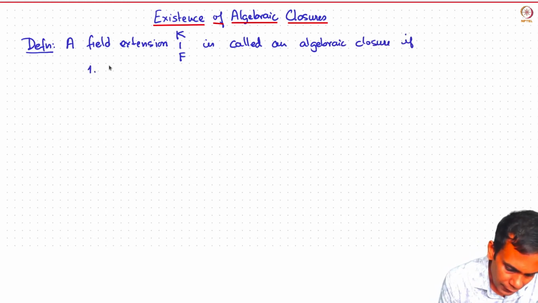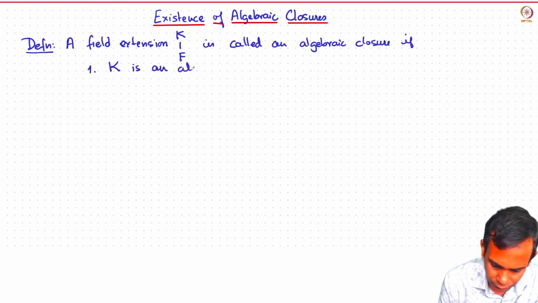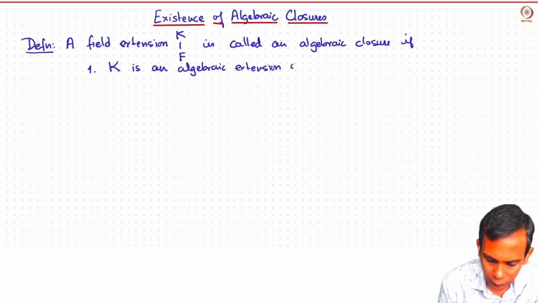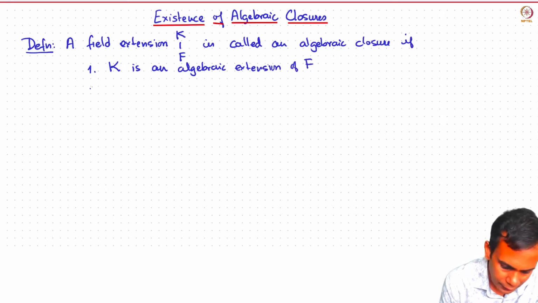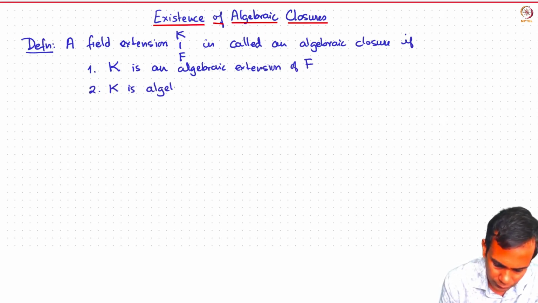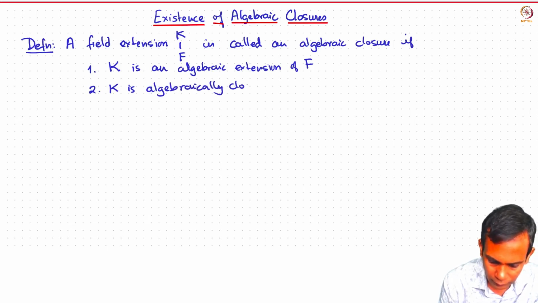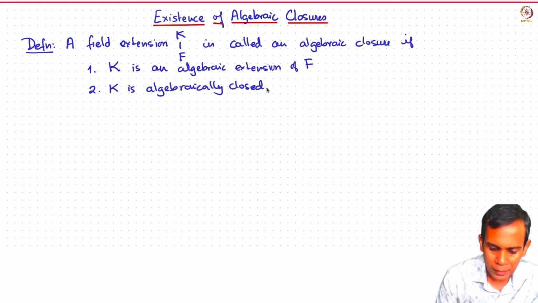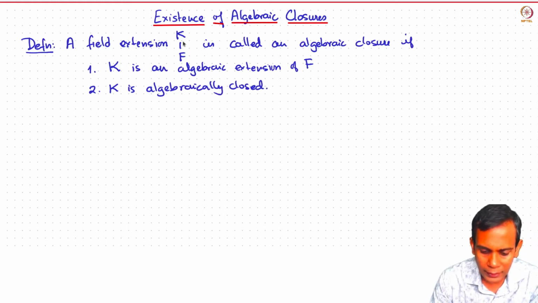The first is that K is an algebraic extension of F. And the second condition is that K is algebraically closed. In this case, we call K an algebraic closure of F.